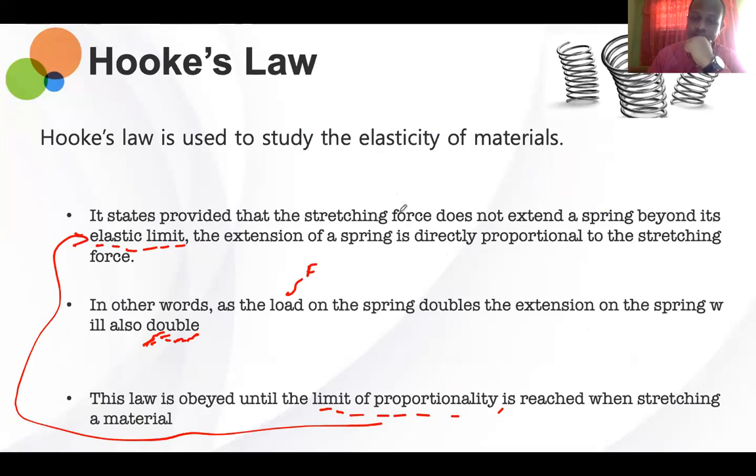So directly proportional means that if the force increases, the extension of the spring will decrease or increase? No, it's directly proportional. Repeat. If the force on the spring increases, what will happen to the extension of the spring? It's going to increase, sir. Right, so it's going to get longer or increase, right?